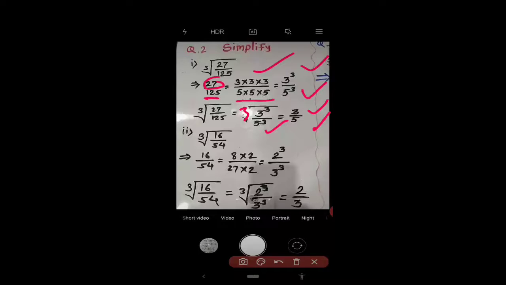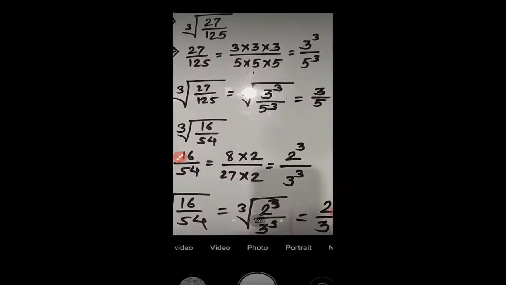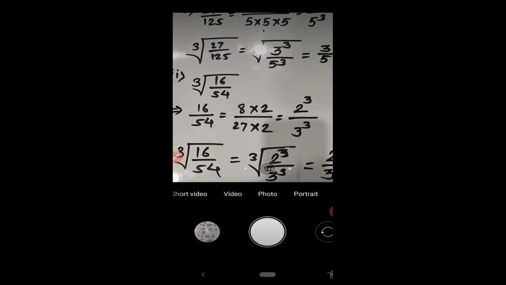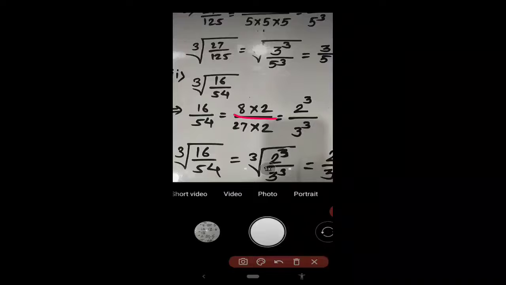Now the second example. The second example is the cube root of 16 upon 54. 16 is written as 8 into 2 and 54 is written as 27 into 2. 2 upon 2 is 1.